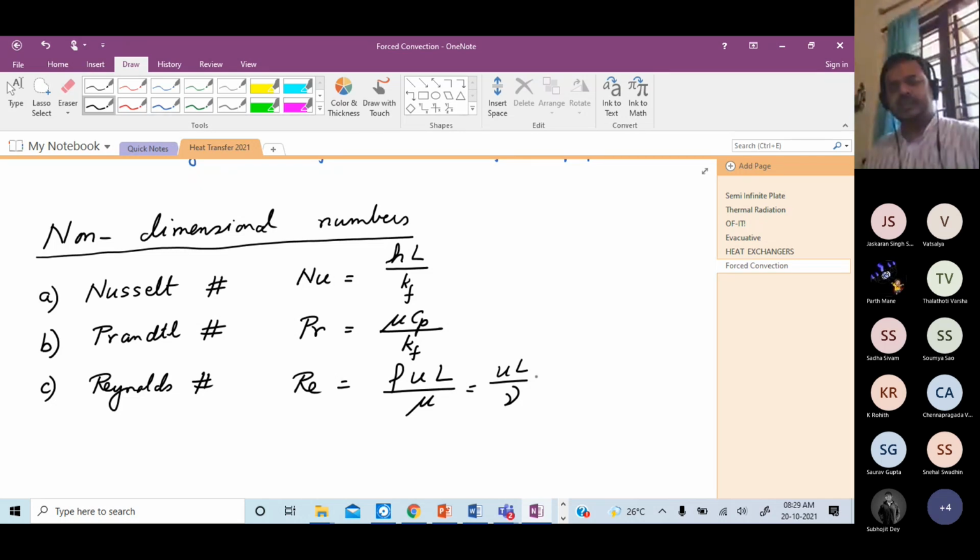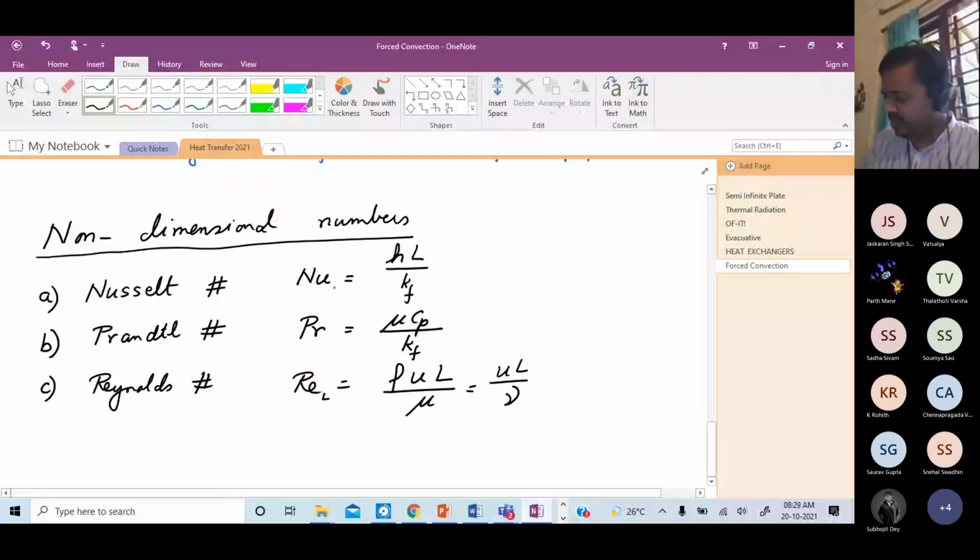Okay, so these are the three terms, and if you look into this, all the variables that we wrote, all the 7 of them, x is the same here as L. If I wrote a Nu x, it would have been hx by k, sorry.